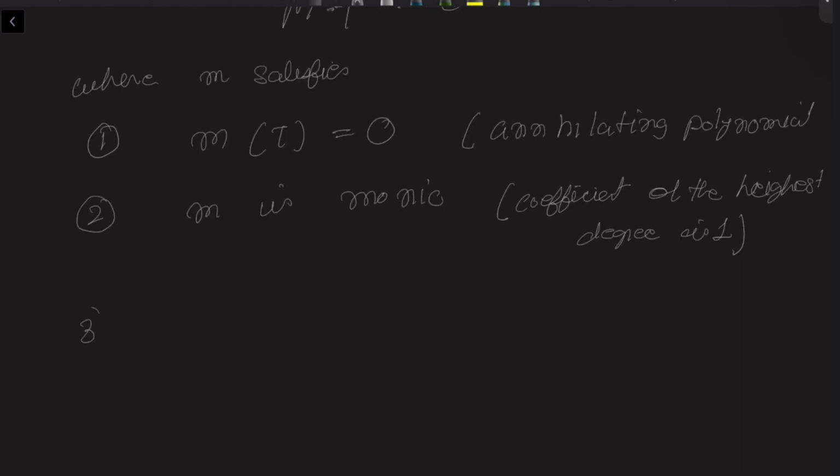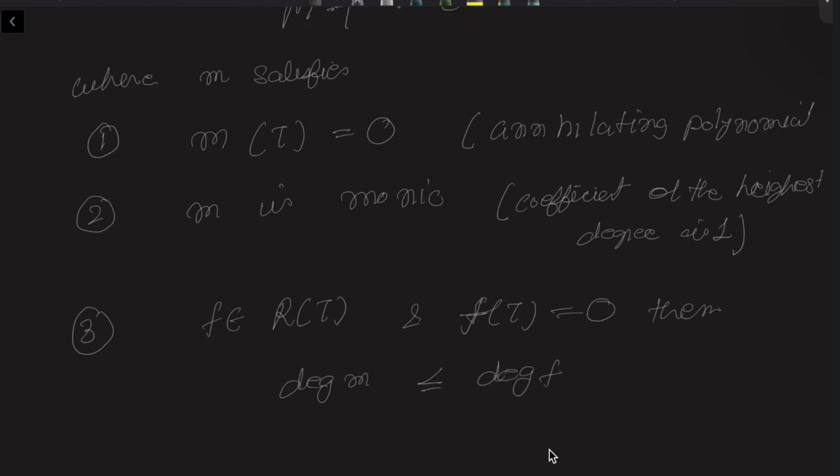And then number 3: if any f belongs to R[t], that is, if any member is in M(T), so to be in M(T), f of T should be 0, then the degree of m should always be less than or equal to the degree of f. That is, for any member of M(T), the degree of m should always be less than or equal to the degree of that polynomial.